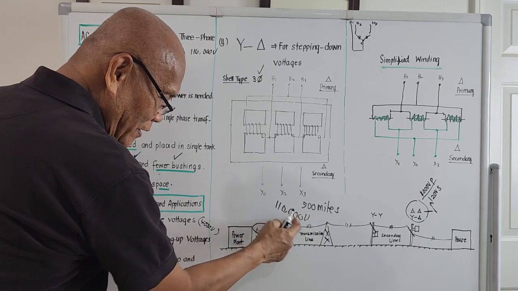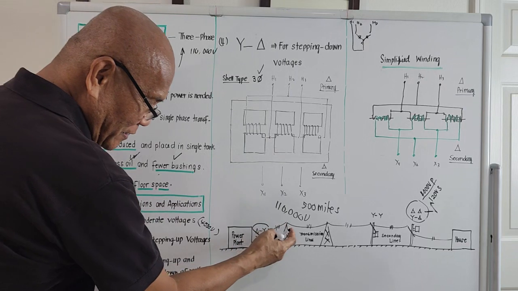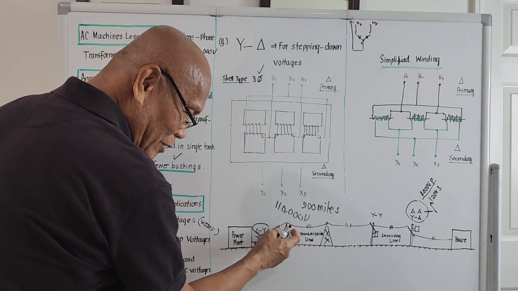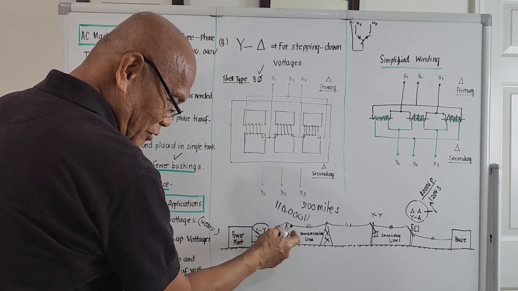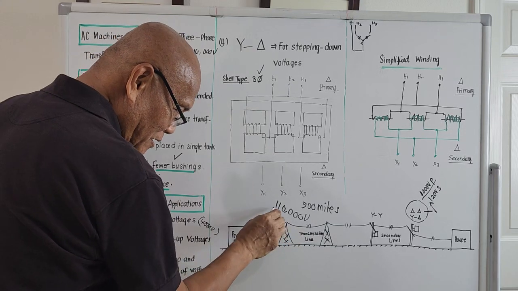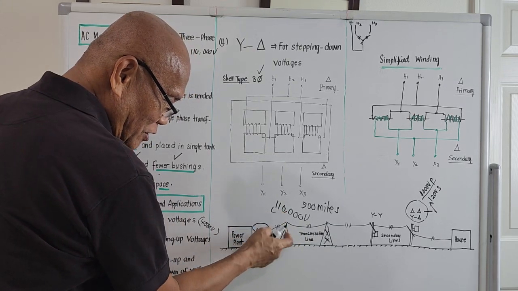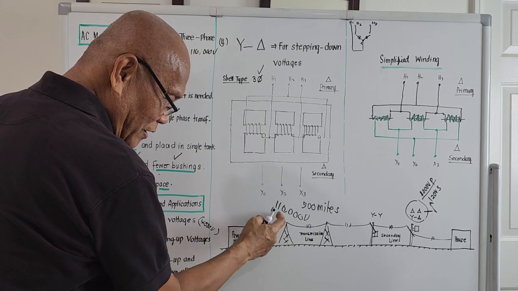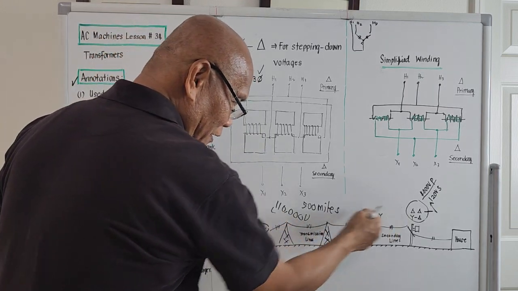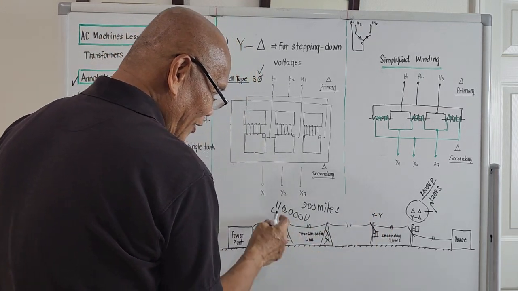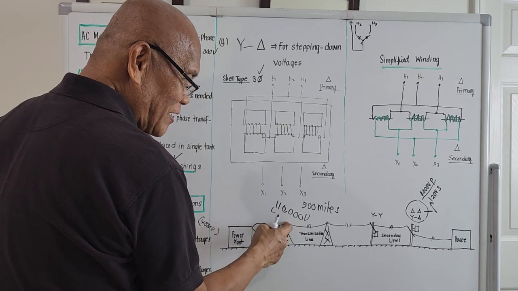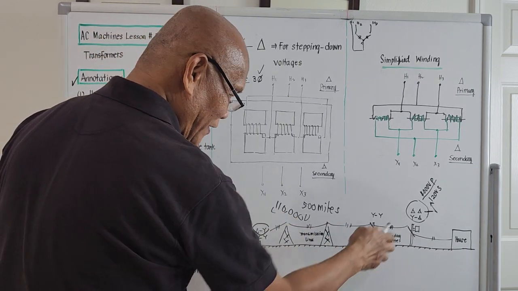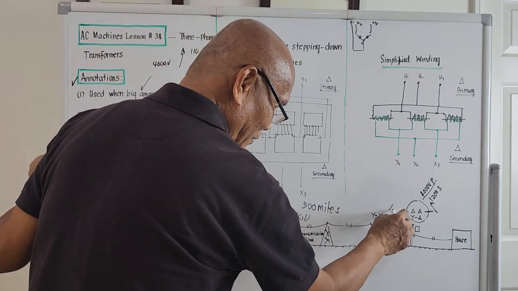Why do you need it to be 100,000? So the current passing through the line will be less. It's a high voltage, low current. So if the 110,000 travels 500 miles, when it reaches 500 miles, maybe it goes 105,000.